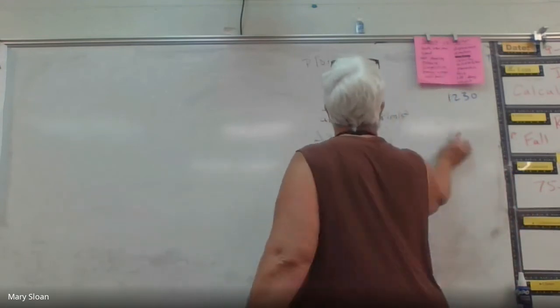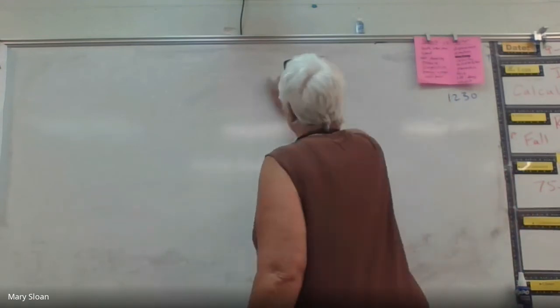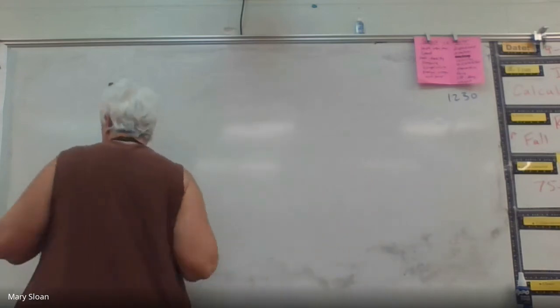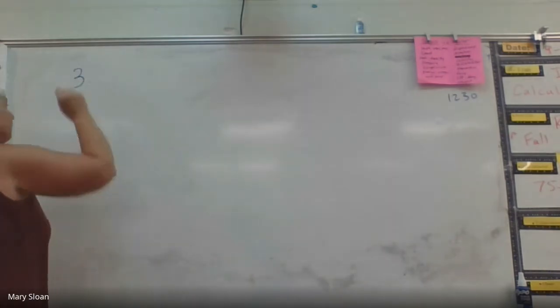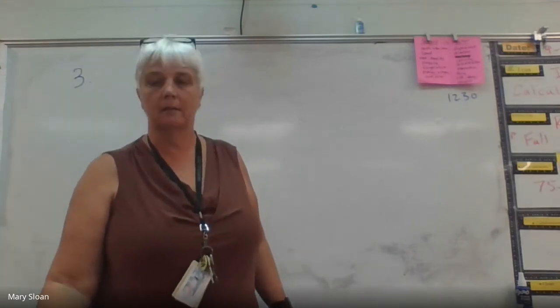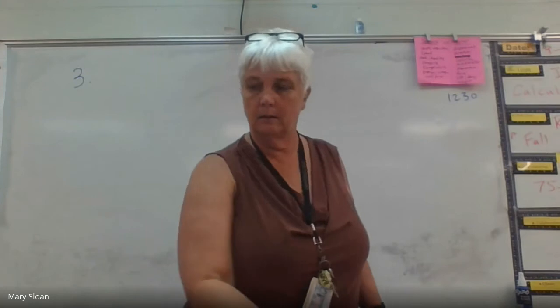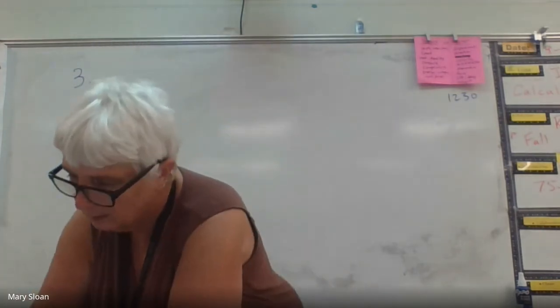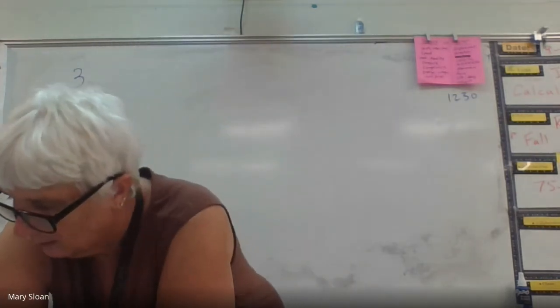No, I'm sorry. We're doing number 3, aren't we? I thought it was 2 questions. Because it says if the jump lasts 0.16 seconds, what's the magnitude of the displacement? How high is it? Okay.